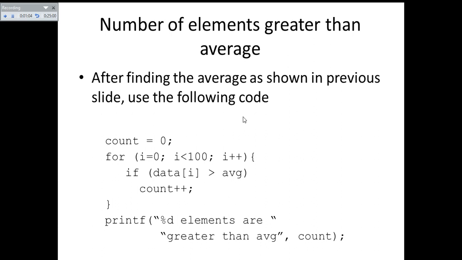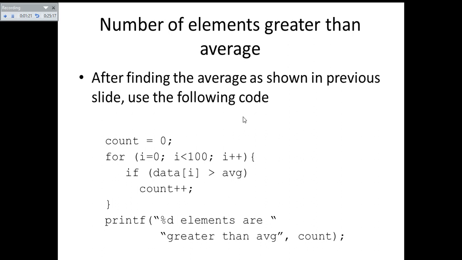First of all, i is 0, so data of 0, if it is greater than average, will increment your count. Otherwise it will simply do i plus plus, then i will become 1. Again your data of 1 will be compared with average. If it exceeds the average, your count will be incremented.